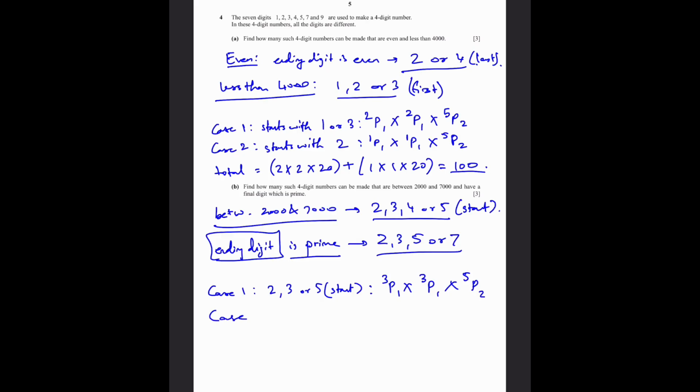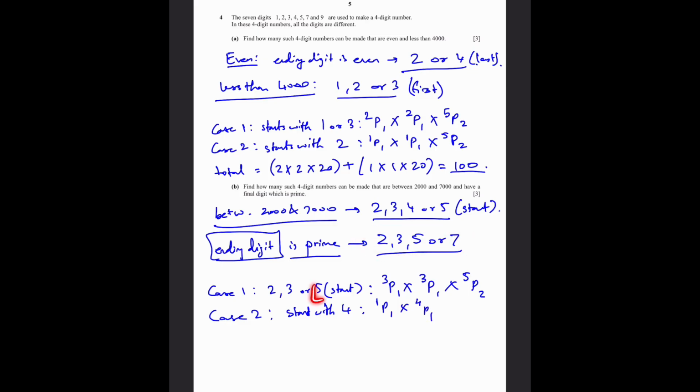Now what about the second case? We have to start with a 4 as well. That's an option. And in this case, we start with only one number possibility. So out of one number, we choose 1. That's 1P1. Times, what about the ending digit? Here, we do not take away any of the ending digit choices. We still have 1, 2, 3, 4 choices for the last digit. And therefore, we choose one number out of 4, 4P1.